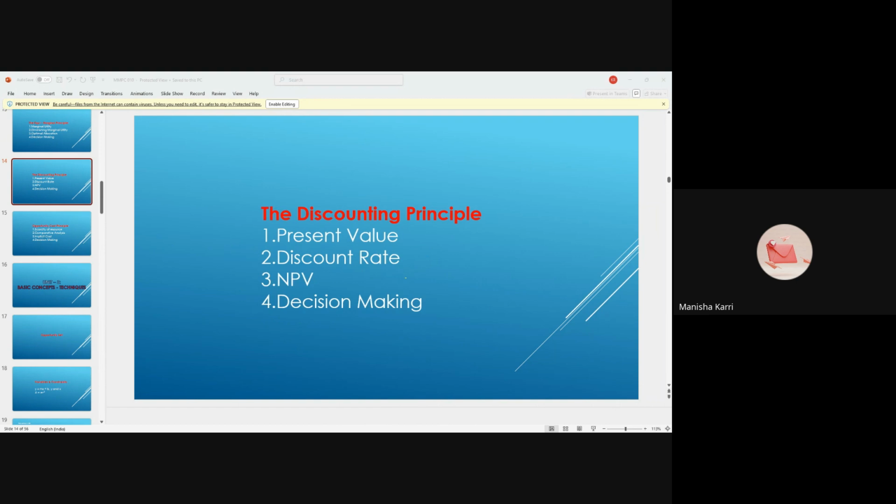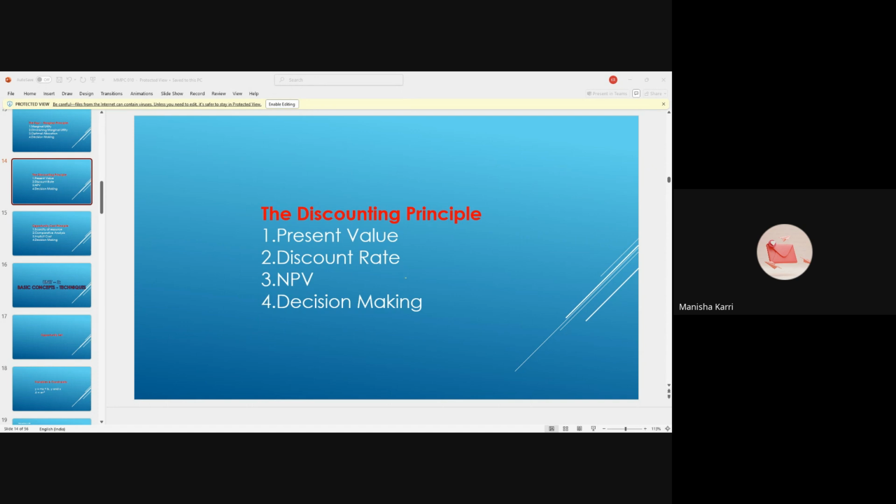Coming to the discount rate, it is the rate used to calculate the present value of future cash flows, which reflects the time value of money and the risk associated with the cash flows. The discount rate is typically based on the cost of capital or the rate of return required by an investor.